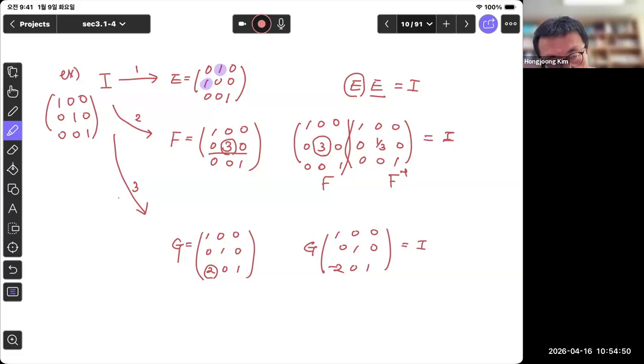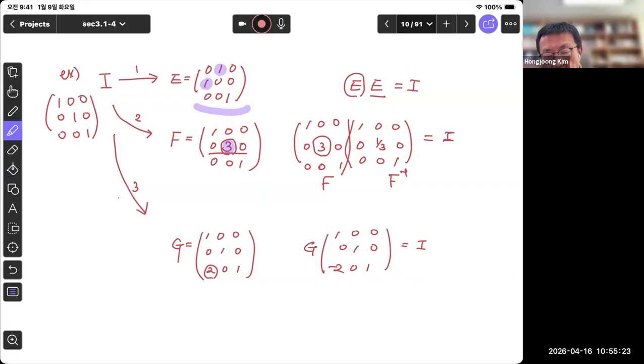But in case of the interchange, the corresponding elementary matrix will have this shape. In case of F, all the off-diagonal entries are zeros, and along the main diagonal, you have ones except one value.